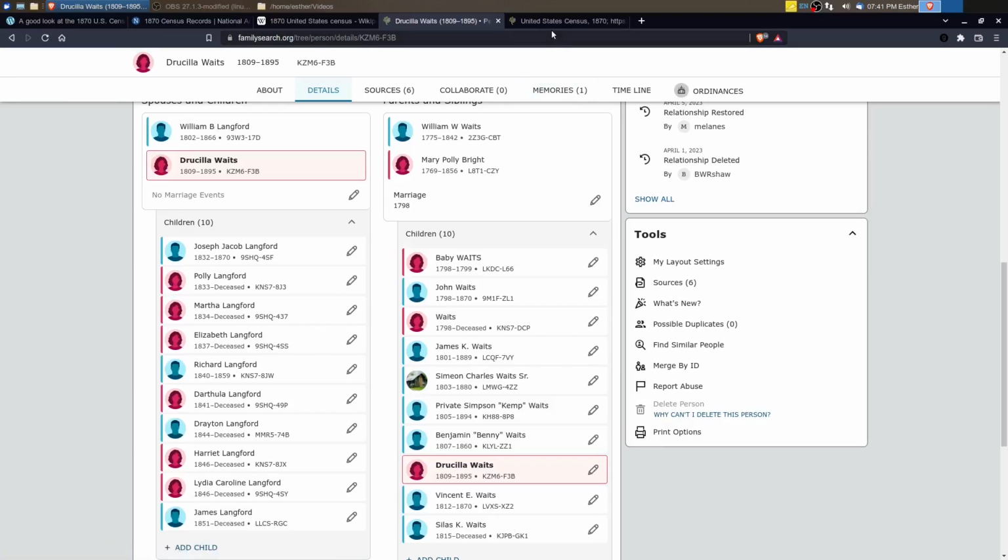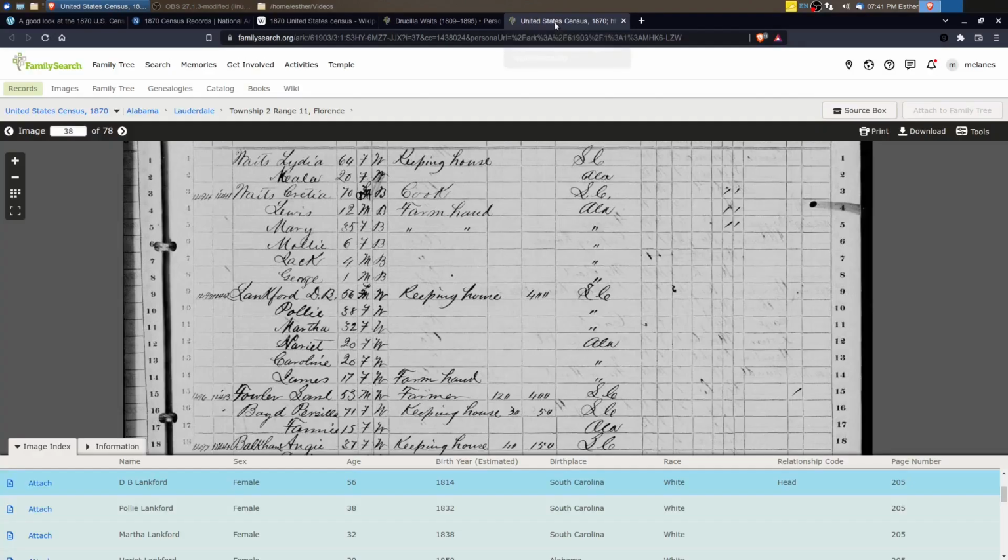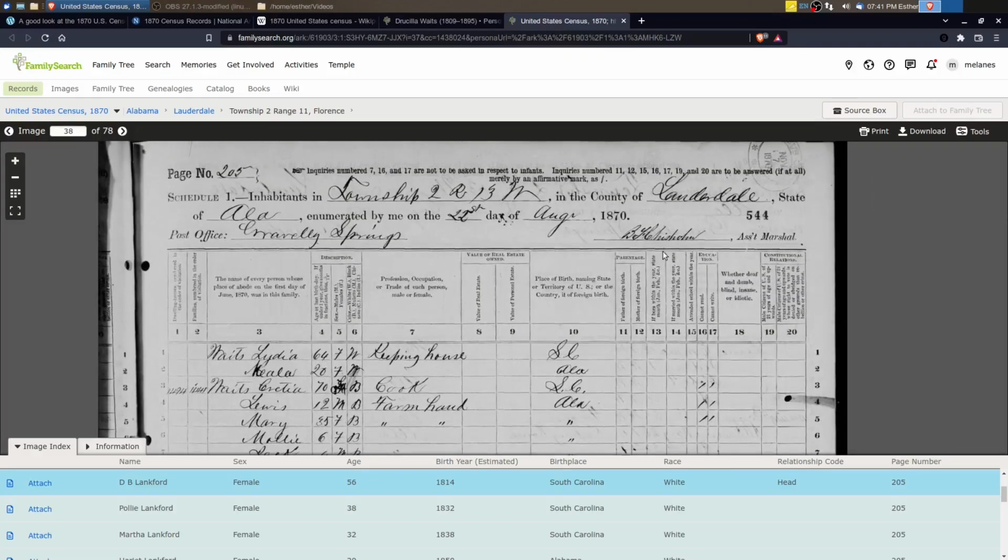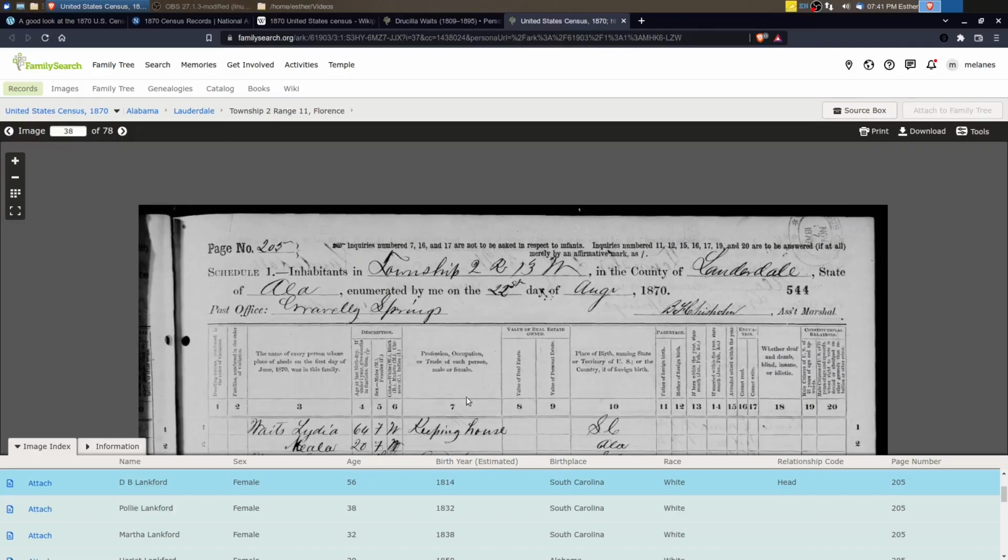So let's look at the actual census page here. Before we look at the entry for Drucilla, you can see we've got a page number. We have a post office here in Gravelly Springs, Alabama. If you're not aware, Gravelly Springs was a pretty important place in the American Civil War.